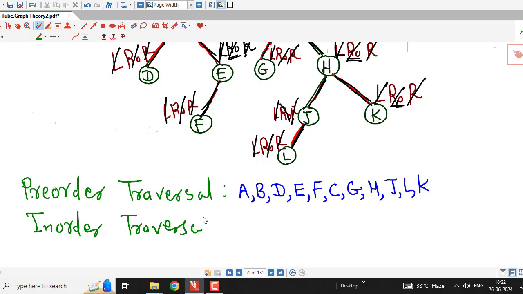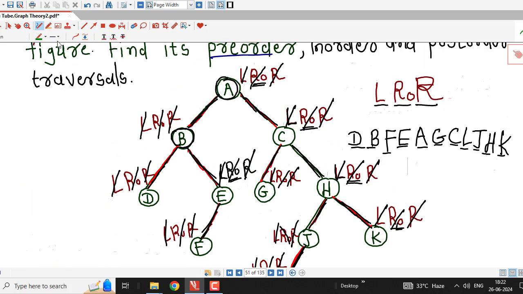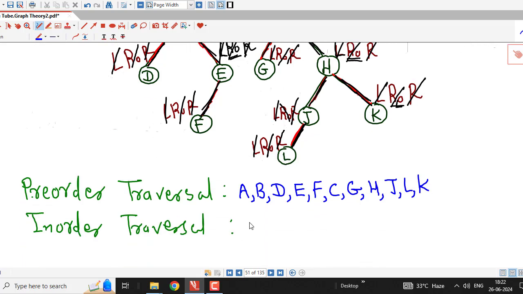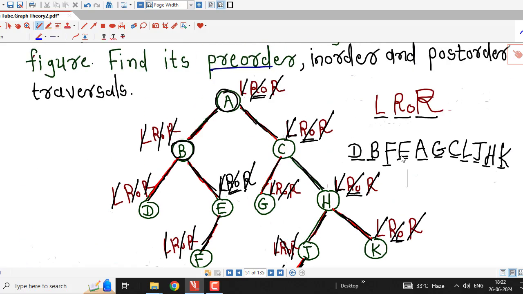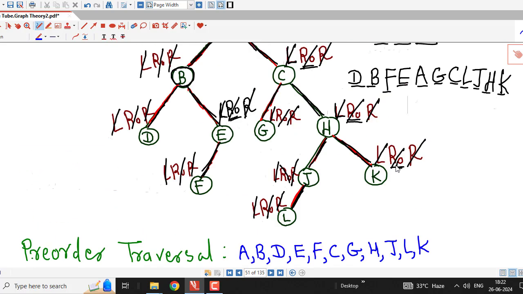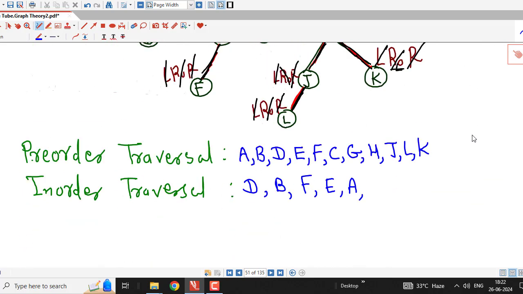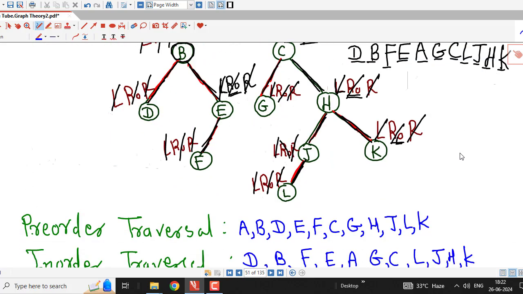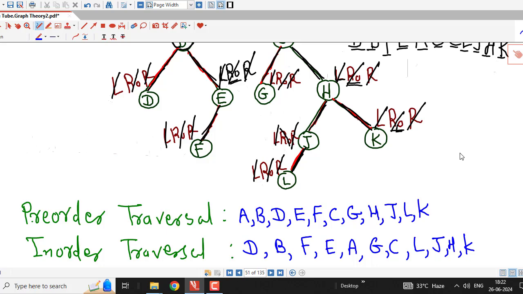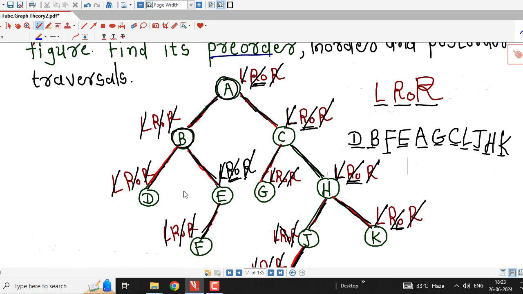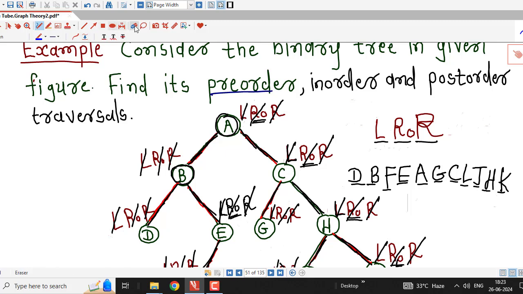In-order traversal for this binary tree is DBFEA, GCLJ, H and K. Okay, fine. So this is the in-order traversal, and now finally we find out post-order traversal.